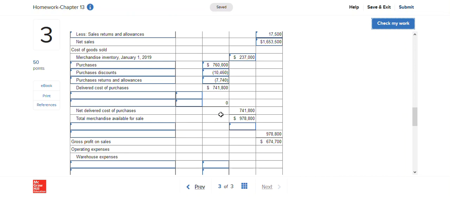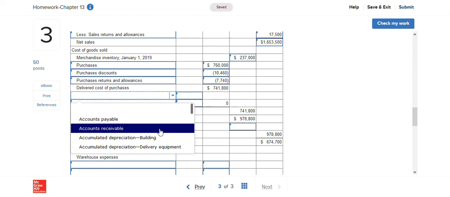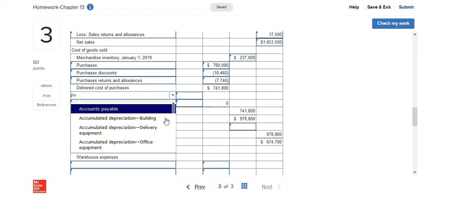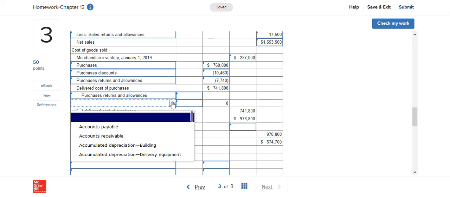So my best advice for doing this is to look at the book and follow the template. Let's try this. Purchase returns and allowances and purchases discounts. We're going to move them down one section.